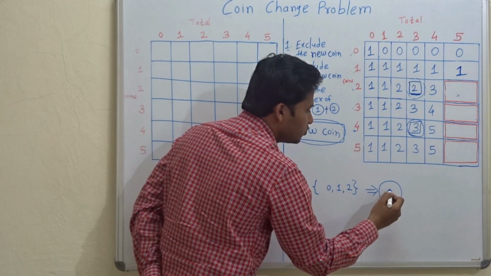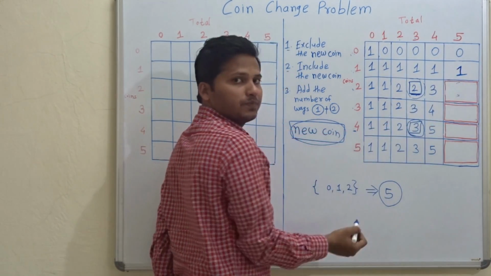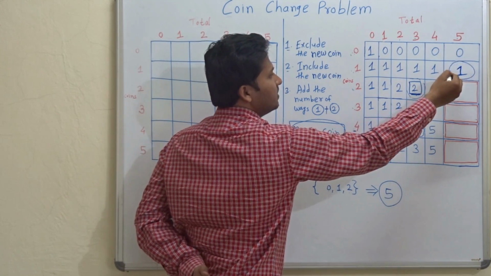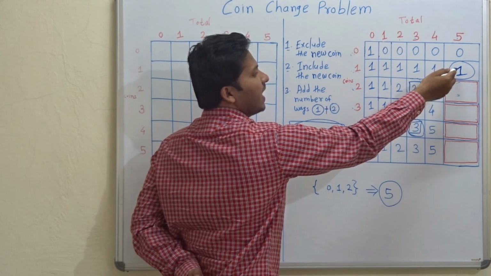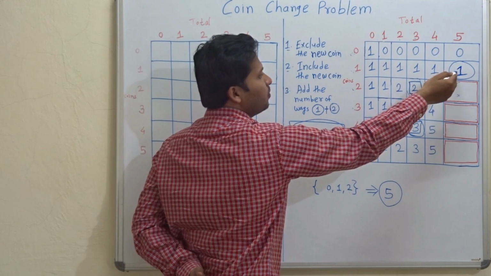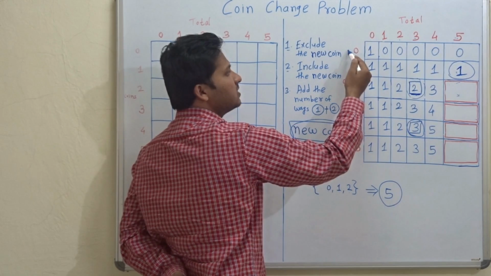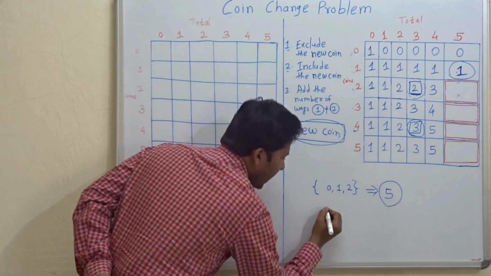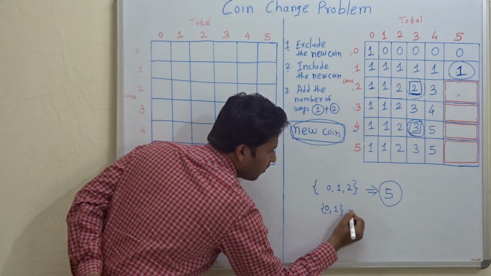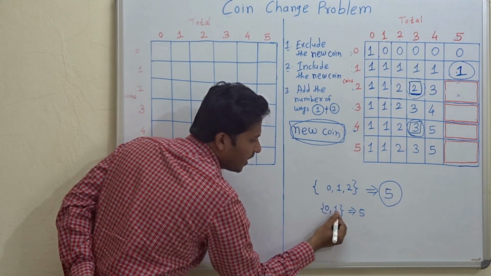Observe that the cell above has the answer for the number of ways to make a total of 5 by using coins of denomination 0 and 1.